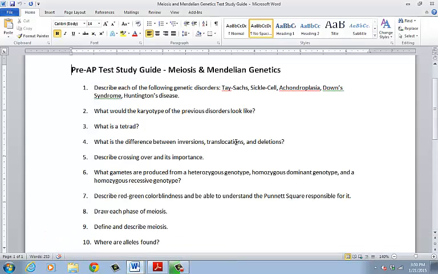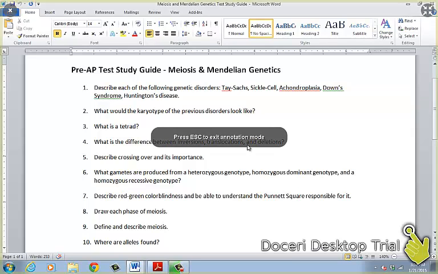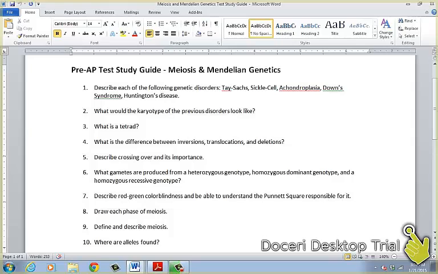All right, what's the difference between inversions, translocations, and deletions? From our activity yesterday with disorder detectives, clearly we were able to see that an inversion is when part of the chromosome breaks away and reattaches to the same chromosome. That's the key, it's on the same chromosome. When you have a translocation, you have part of one chromosome that goes over to another chromosome.